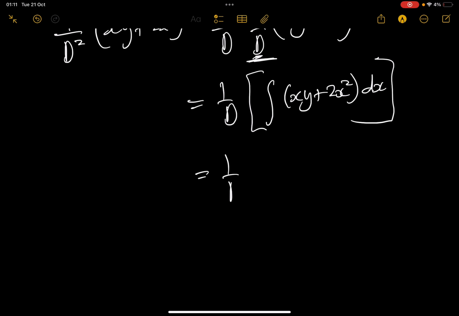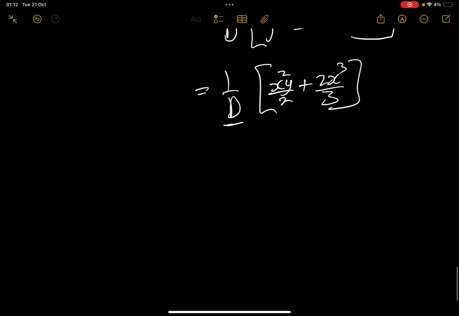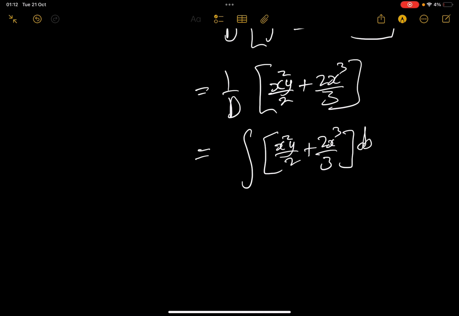With respect to x, using direct integration, which means y is a constant. So this is going to be x squared y over 2 plus 2x cubed over 3, and then again evaluate this D, which is going to be equal to the integral of x squared y over 2 plus 2x cubed over 3 dx.